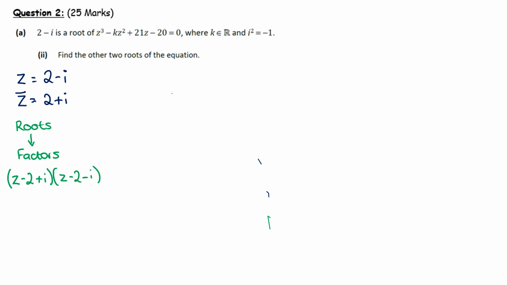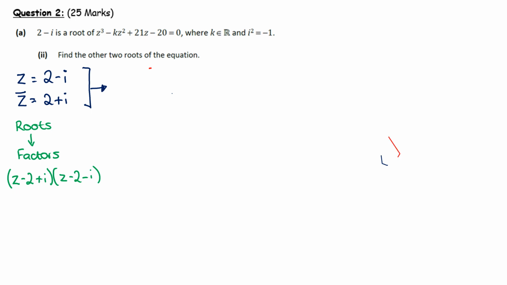Now you'll get there. There's nothing wrong with that, but it's quite a long method. So a better method that we would generally use is a shortcut to basically getting to the quadratic. So getting to the answer of these factors multiplied together.